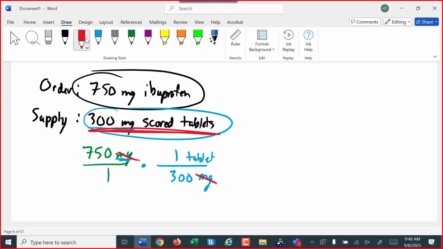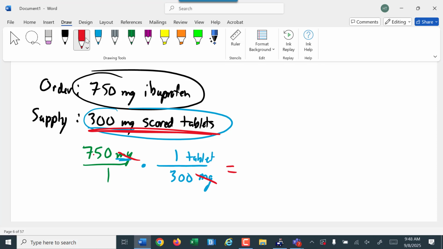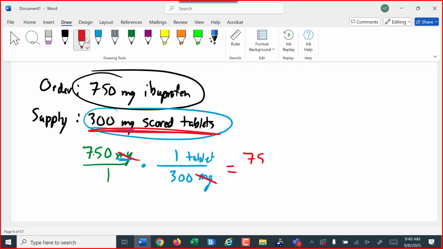The milligrams cancel out. 750 times 1 tablet is 750 tablets. Of course, that's a nonsense unit. We have to simplify or reduce this yet. On bottom, 1 times 300 is 300. Then we divide it out. 750 divided by 300 is 2.5 tablets. Okay.